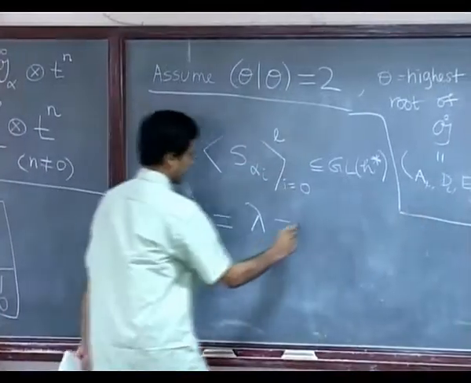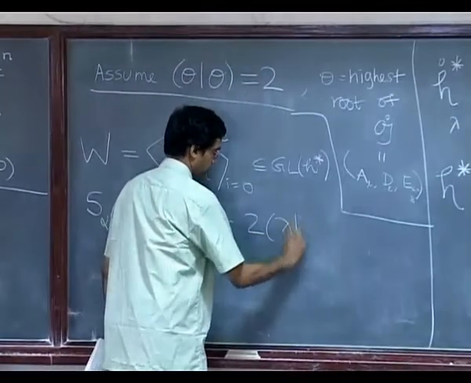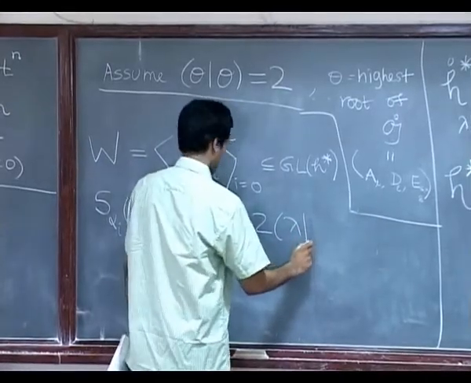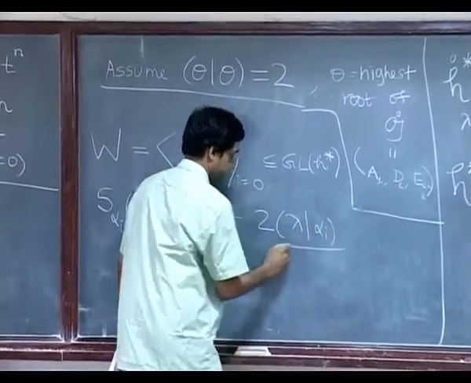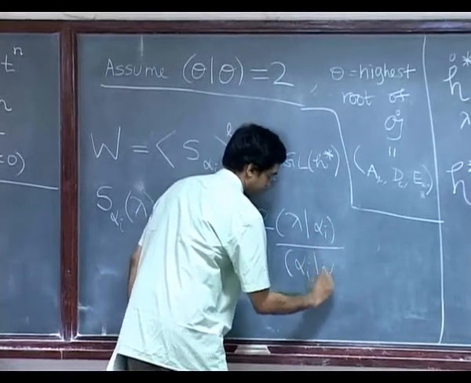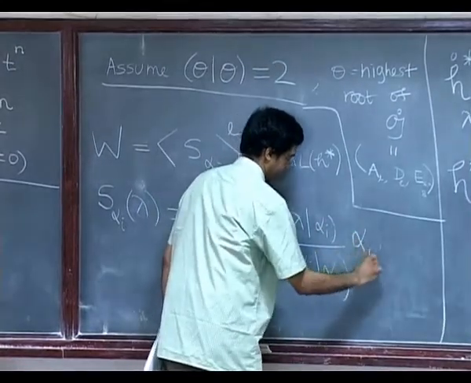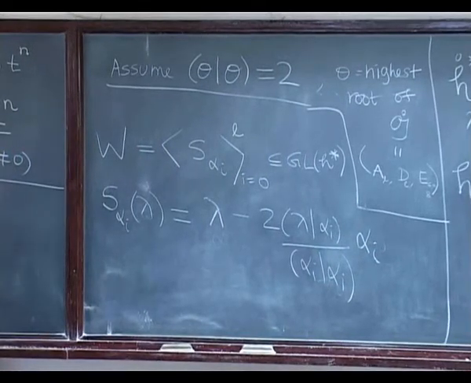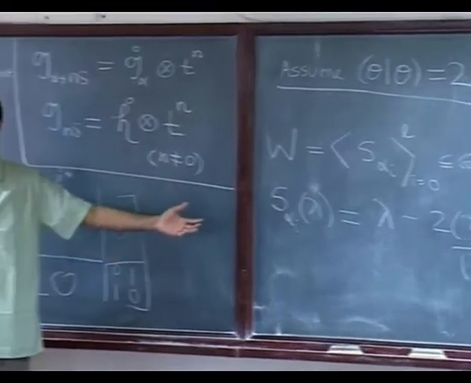Using that form, by just applying this formula, it's 2 lambda alpha I over alpha I alpha I. That will be my definition of these reflections.